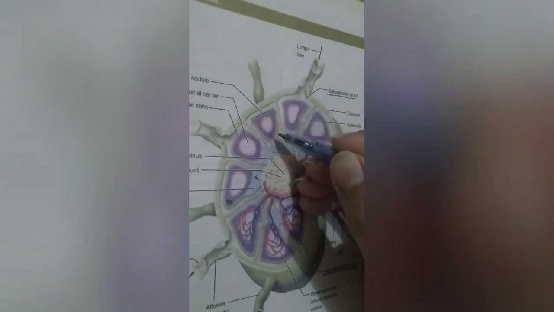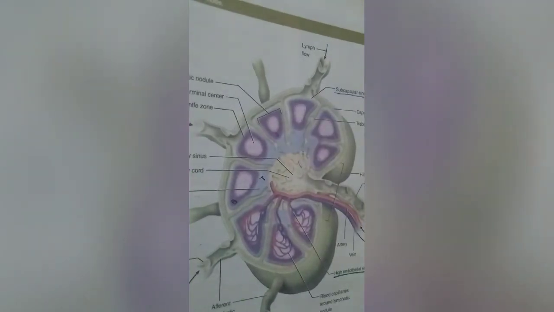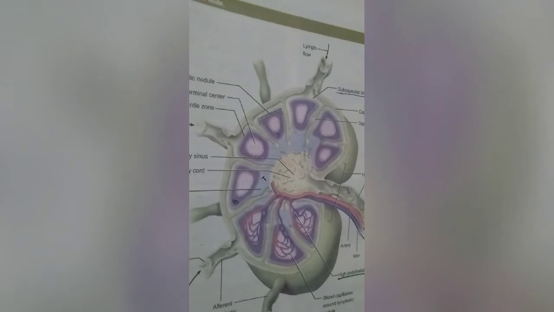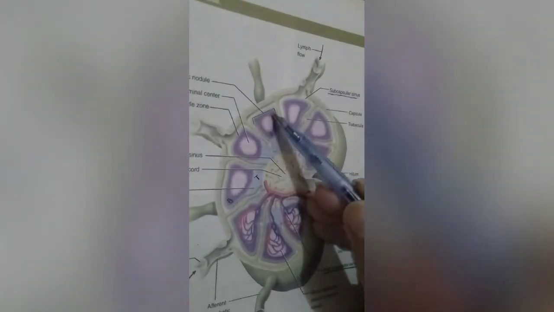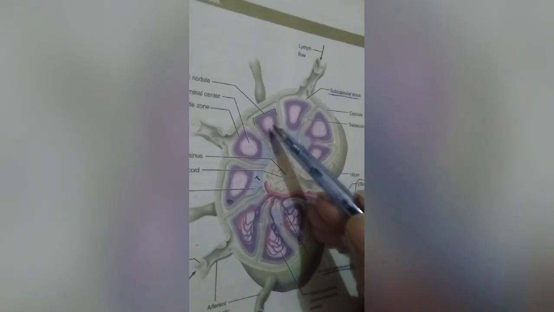What is a plasmablast? Plasmablasts differentiate into plasma cells, and the germinal center also contains lymphoblasts, which differentiate into memory B cells. So the outer region contains B lymphocytes and the inner region contains plasmablasts and lymphoblasts.